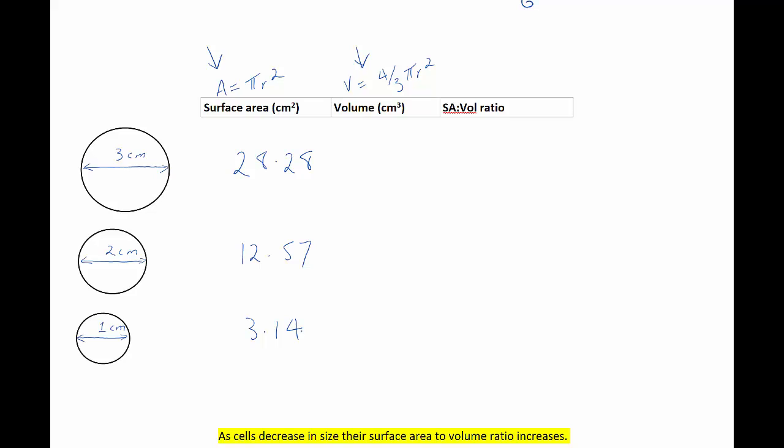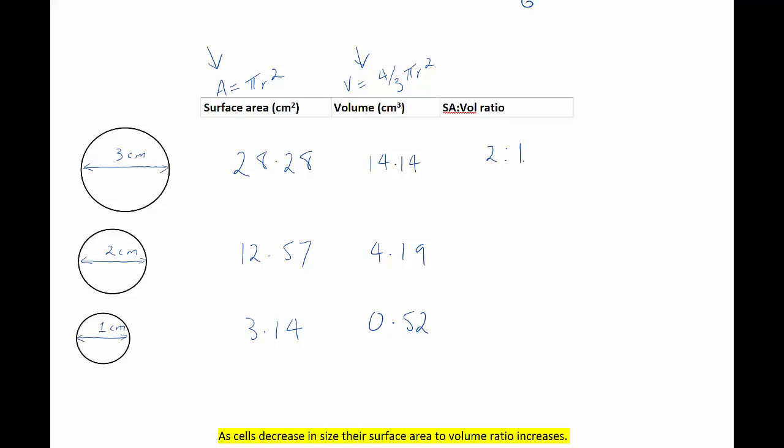Their volumes would be 14.14 centimeters cubed, 4.19 centimeters cubed, and 0.52 centimeters cubed.